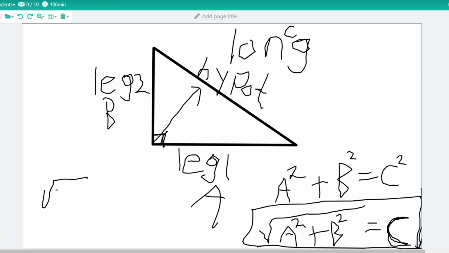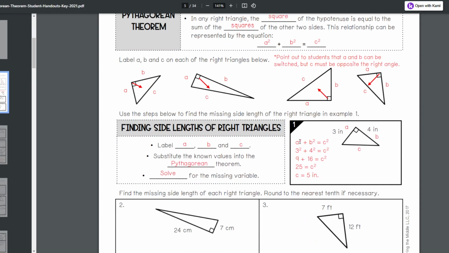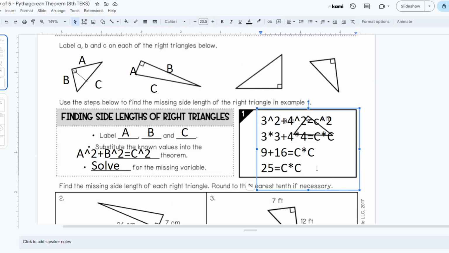So you could say the square root of 25 equals C. So 5 would be your answer. And look at that. It follows the same principle that we talked about earlier. Your legs are your shorter sides, 3 and 4, and your C is your longer side, 5.